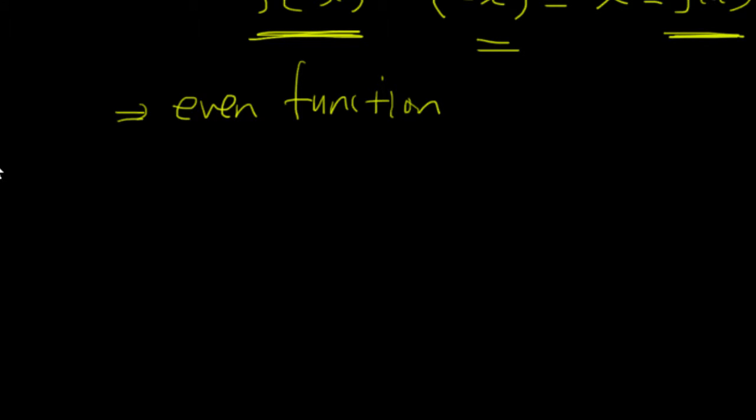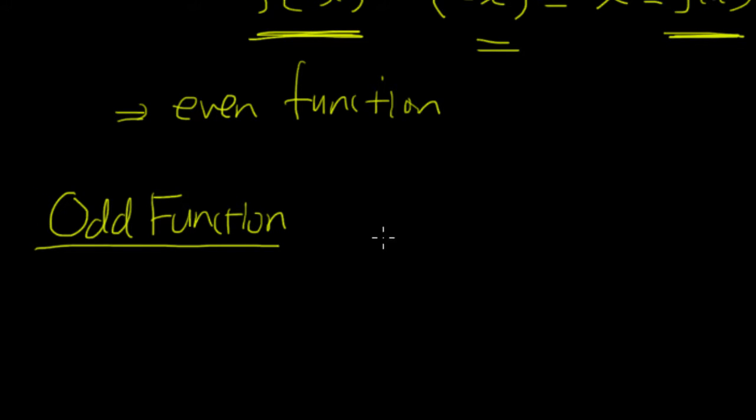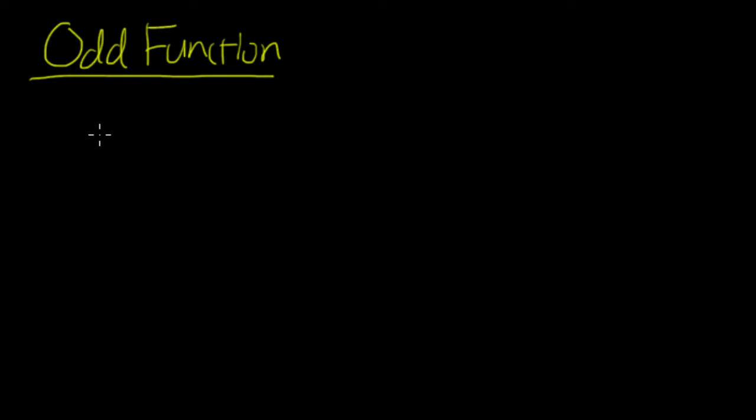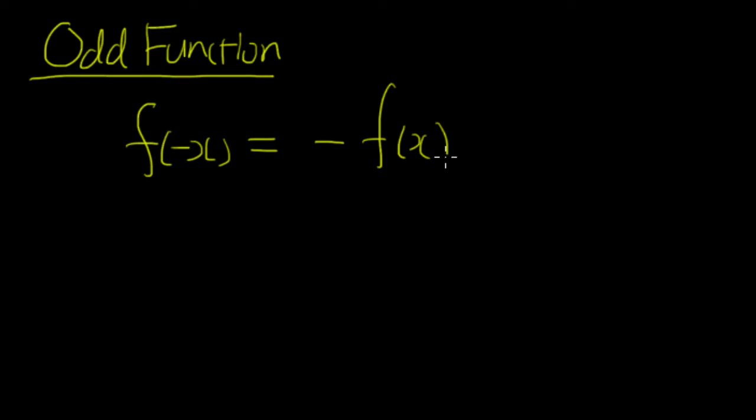Now let's try odd function. Again, you can check the formal definition of odd function, but it's basically something like this: f of negative x is the same as negative of f of x.